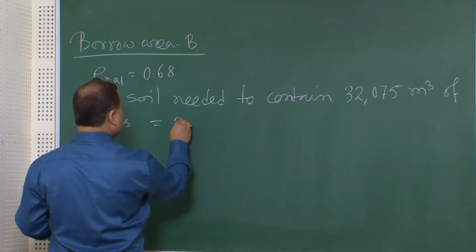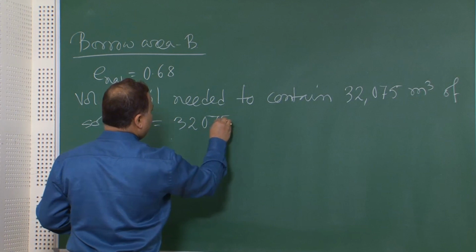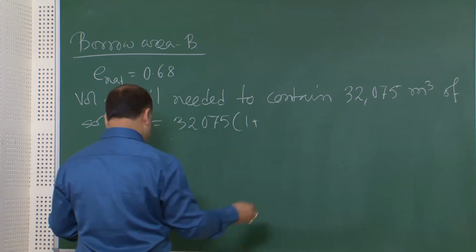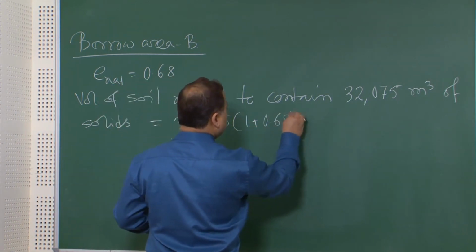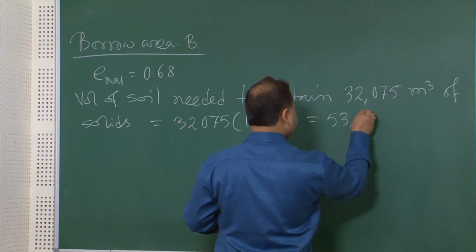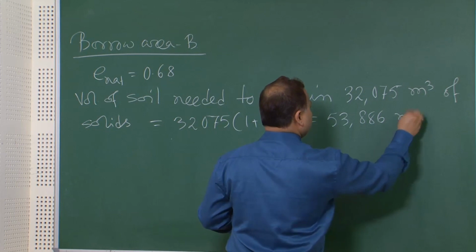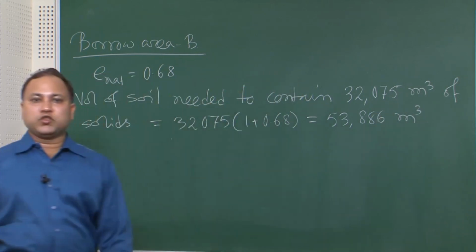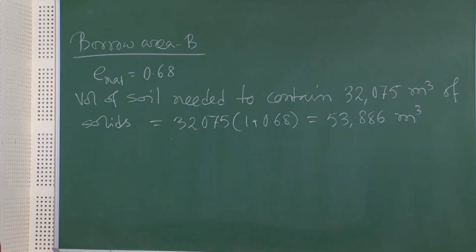That will come as 32,075 multiplied by 1 plus 0.68, which comes to around 53,886 cubic meter. So this much volume needs to be transported from borrow area B if you choose borrow area B.